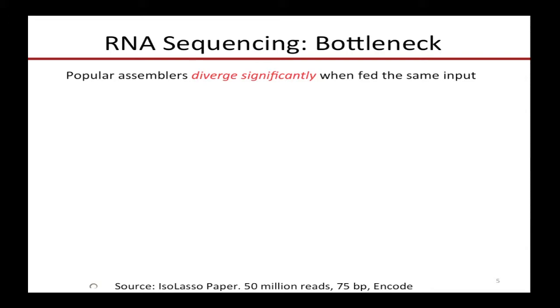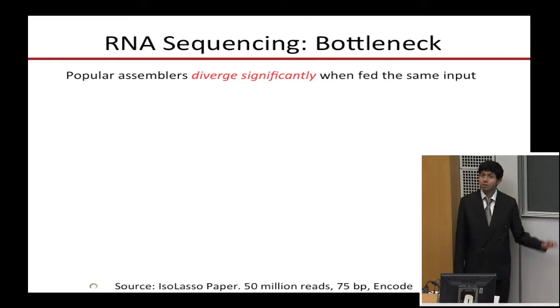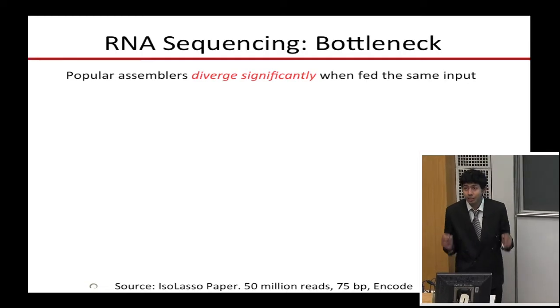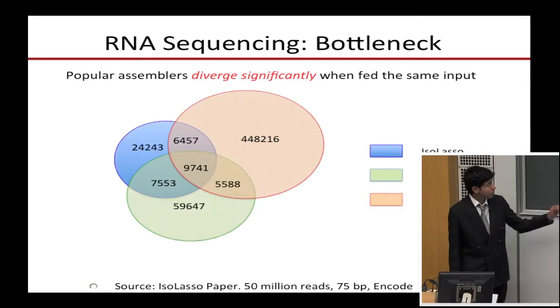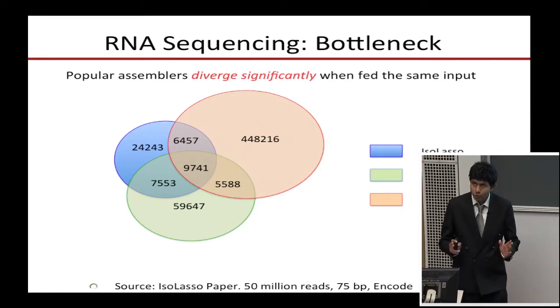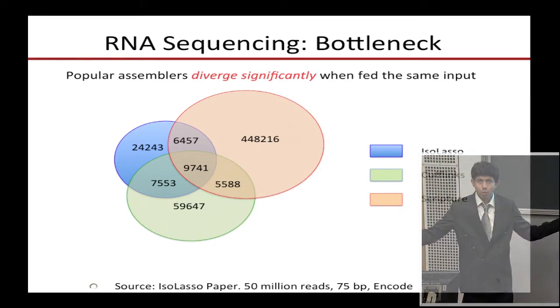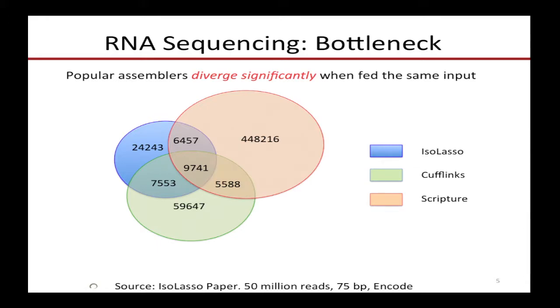If these are the popular assemblers, then we may ask, why do we need to study this problem? Because the popular assemblers diverge significantly when you feed the same input. Here is a graph from this paper. We take the set of reads; to give you a sense of scale, there are probably tens of millions of reads in the sequencing output.